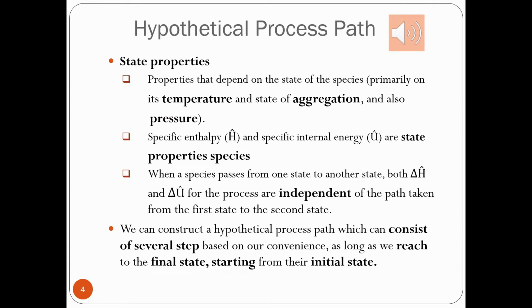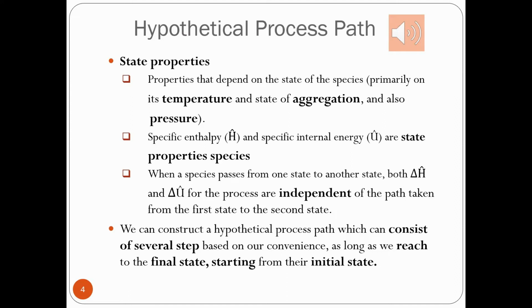Before we start on how to construct the procedure of the hypothetical process path, you need to know that the specific enthalpy and specific internal energy are state properties. So these properties depend on the state of the species, which is primarily its temperature or the state of aggregation.